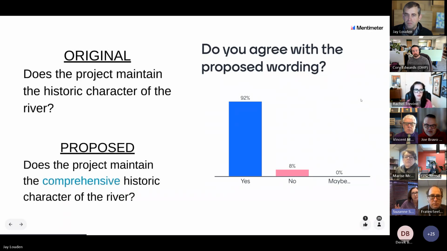It was done because it needed to manage the flow. So are we setting ourselves in a box that may not be appropriate given the changing conditions of what is impacting the river from outside of the park? I'm just going to leave it at that.